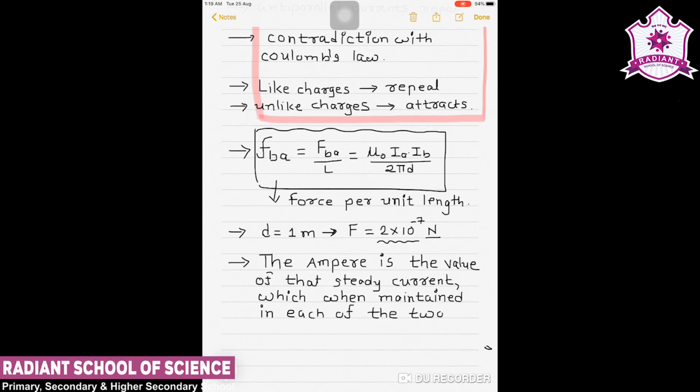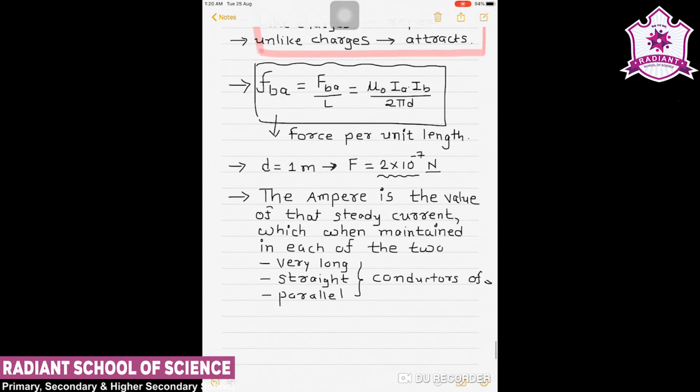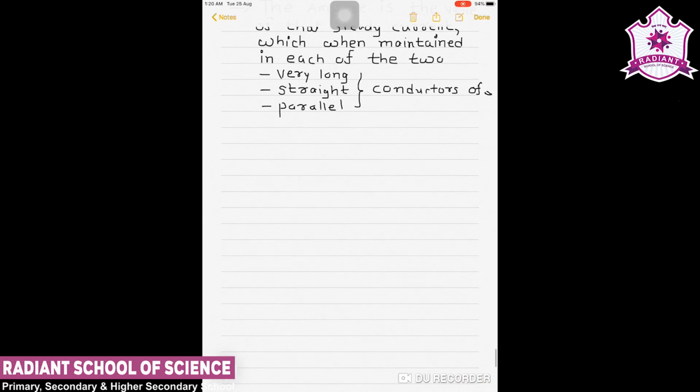Which two? So we say that it is very long, then straight, then parallel conductors, of negligible cross section.